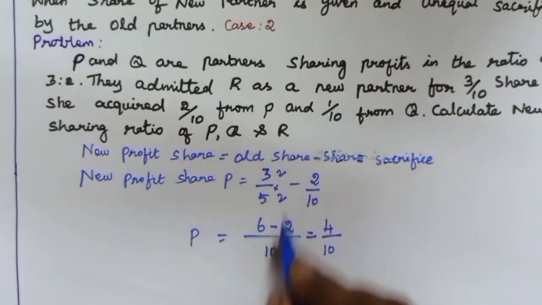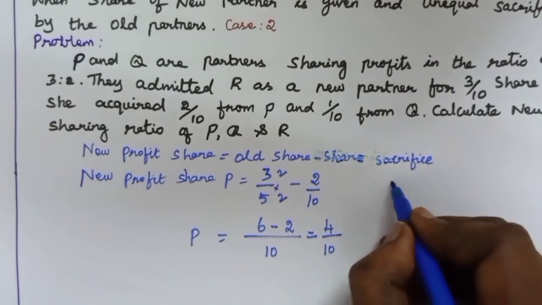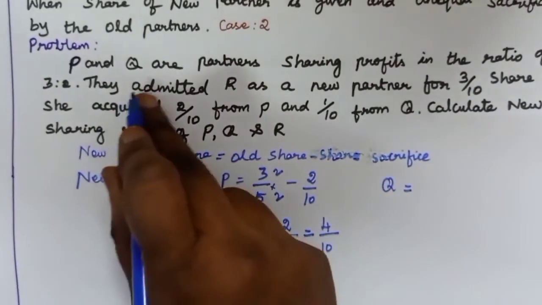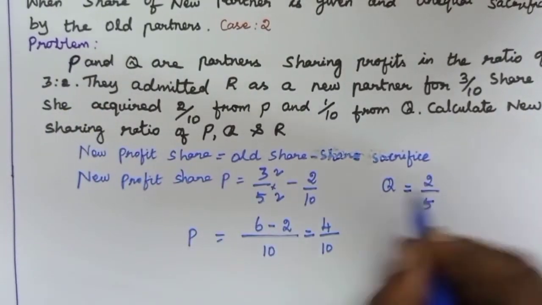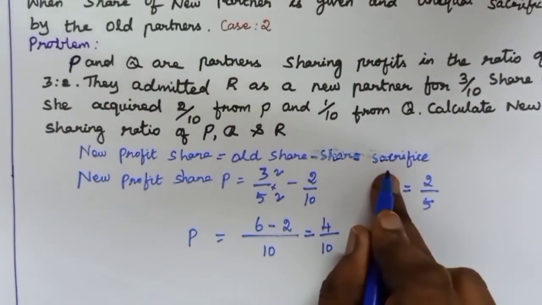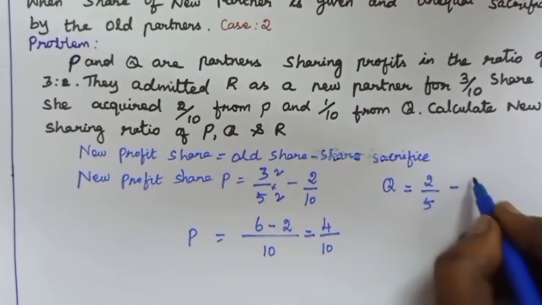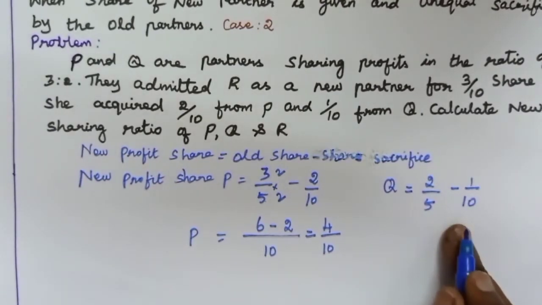Next, in the same way, we have to find out the new profit share of partner Q. Old share of partner Q is 2 by 5. And share sacrificed by partner Q, 1 by 10. Here also the denominator is different.